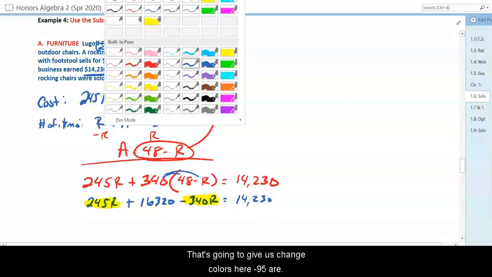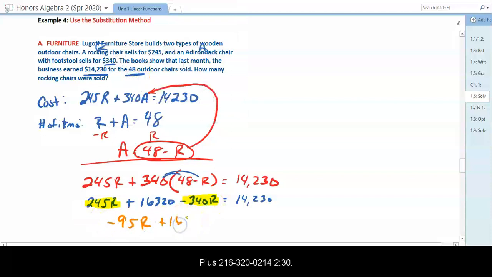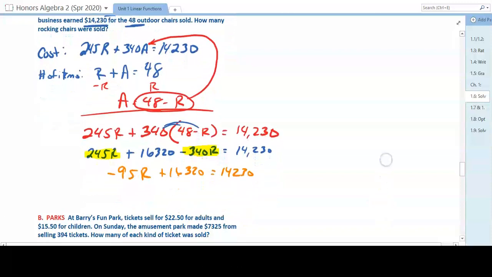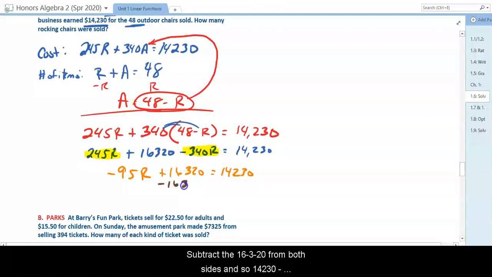That's going to give us, let me change colors here, negative 95R plus the 16,320 is equal to 14,230. Uh-oh, we're running out of room. We're going to subtract the 16,320 from both sides.